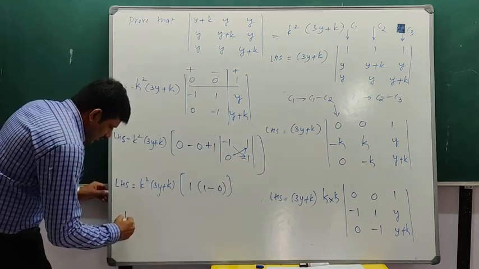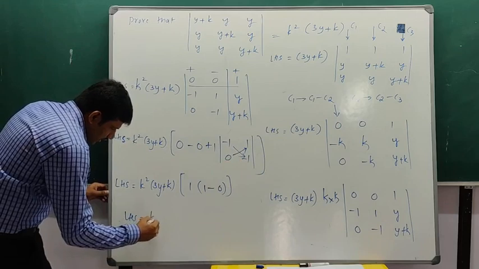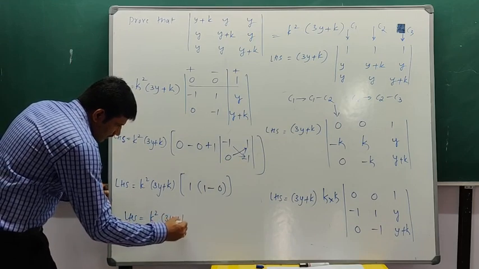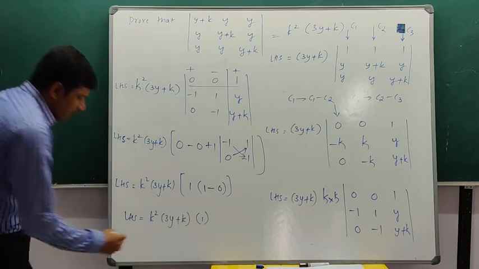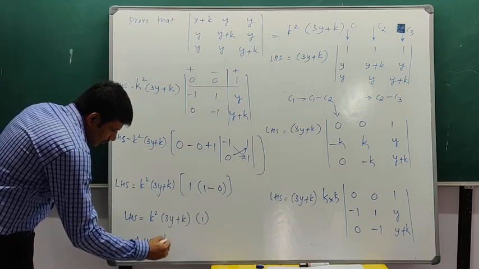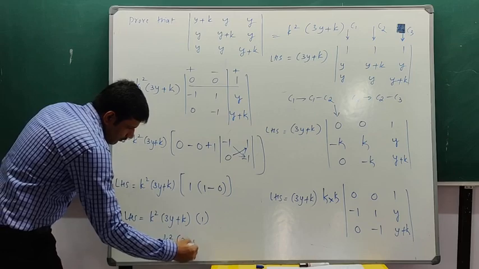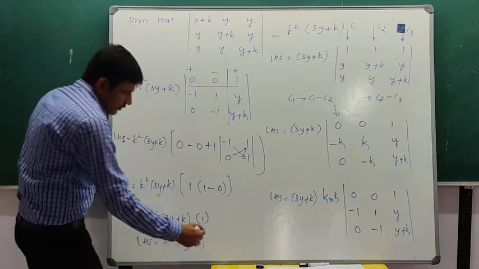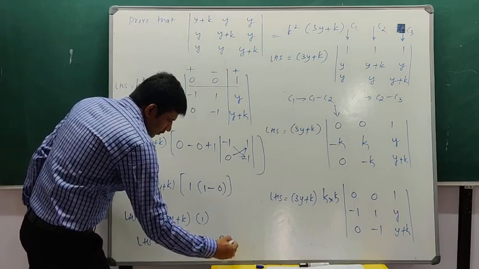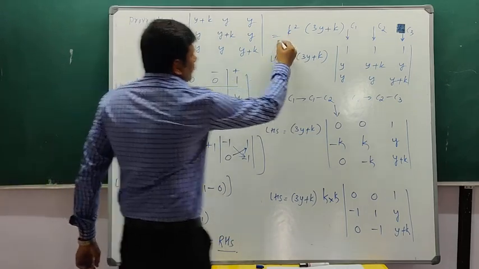Now it is k square into 3y plus k into bracket, 1 into 1 will be 1. So therefore LHS is equal to k square into 3y plus k, which is equal to RHS.